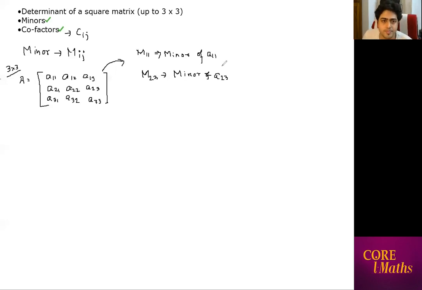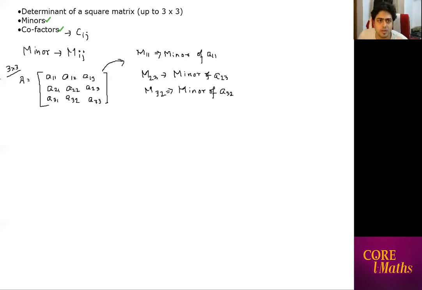How? M32 is nothing but the minor of A32, right?